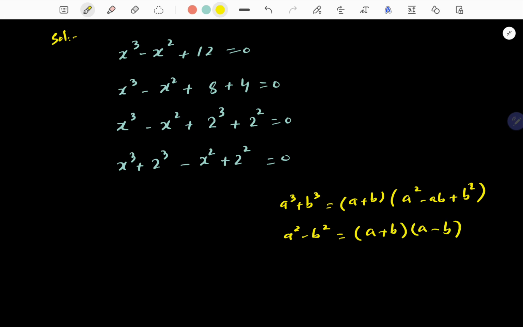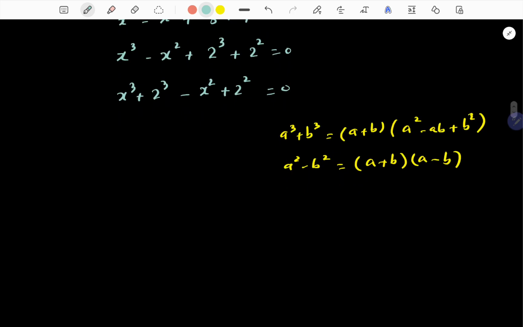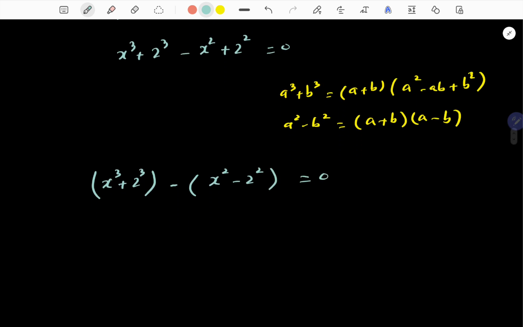We will use both these identities here. So first we write it as x cube plus 2 cube. Taking minus common, we will get x square minus 2 square, that is equal to 0.